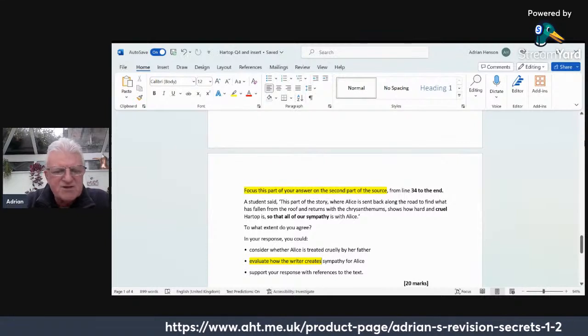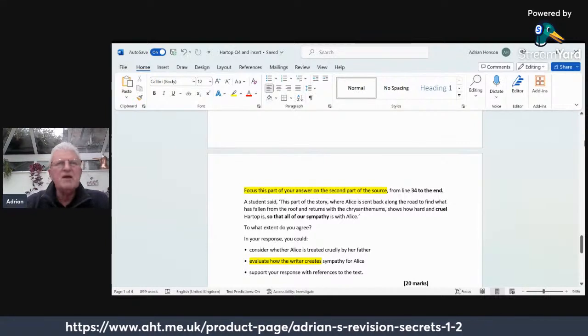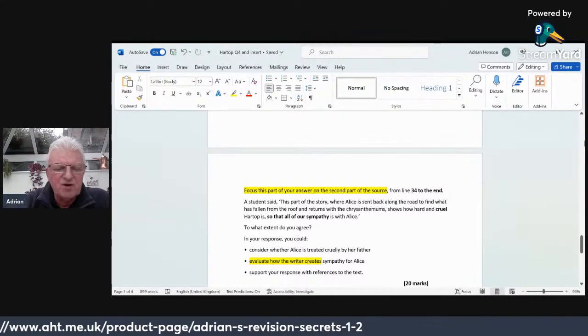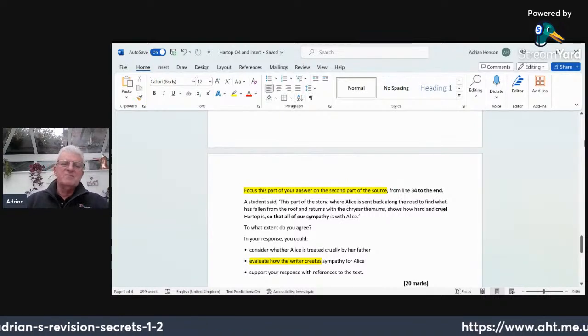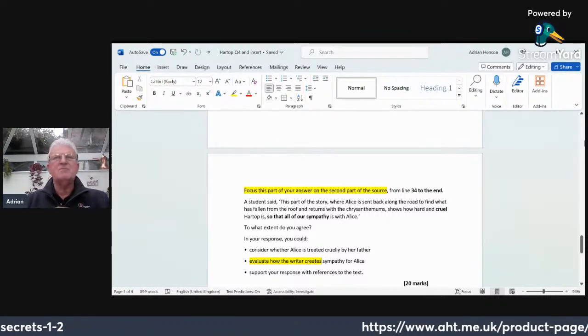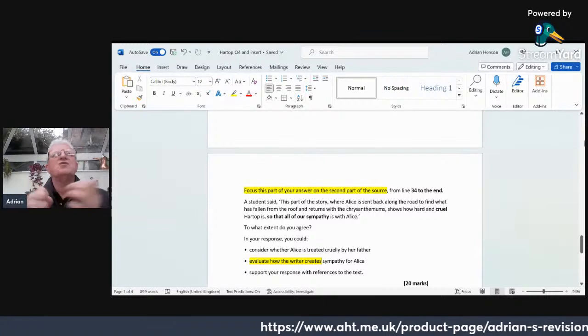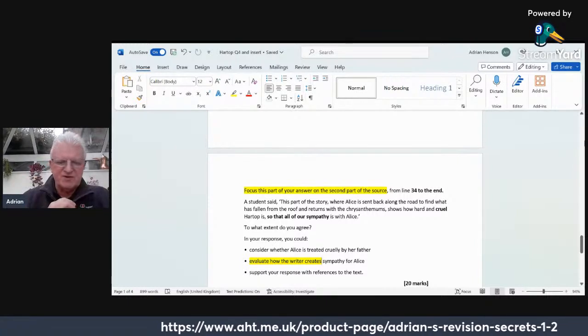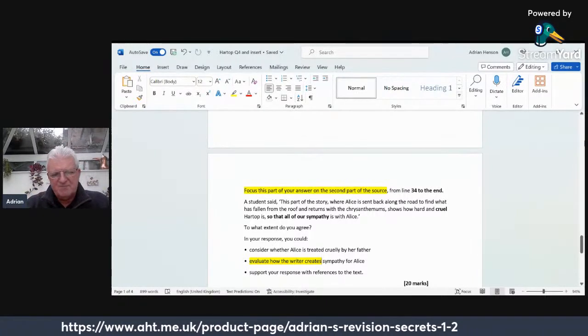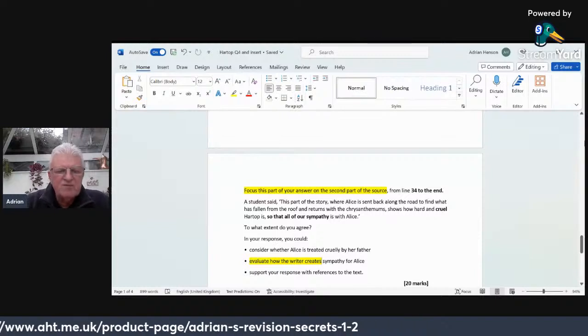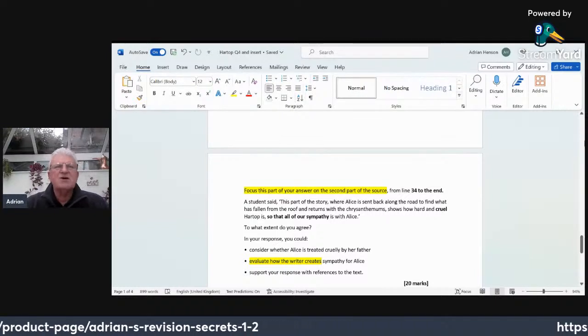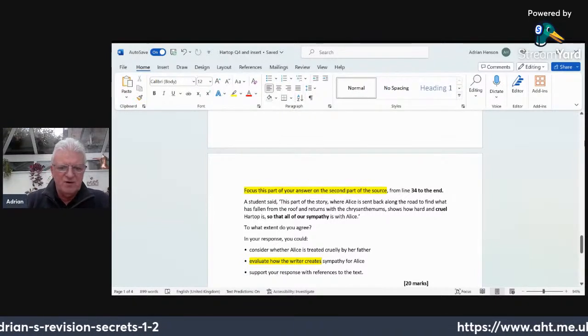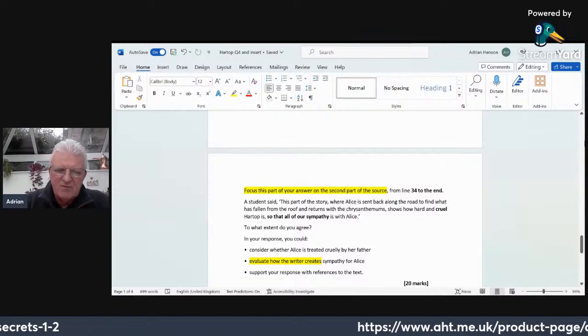But evaluate how means that we have to look at the methods the writer has used. Now, methods usually can be language and structure in a more prescriptive way, but my advice is we have to look at a broader view of the methods.